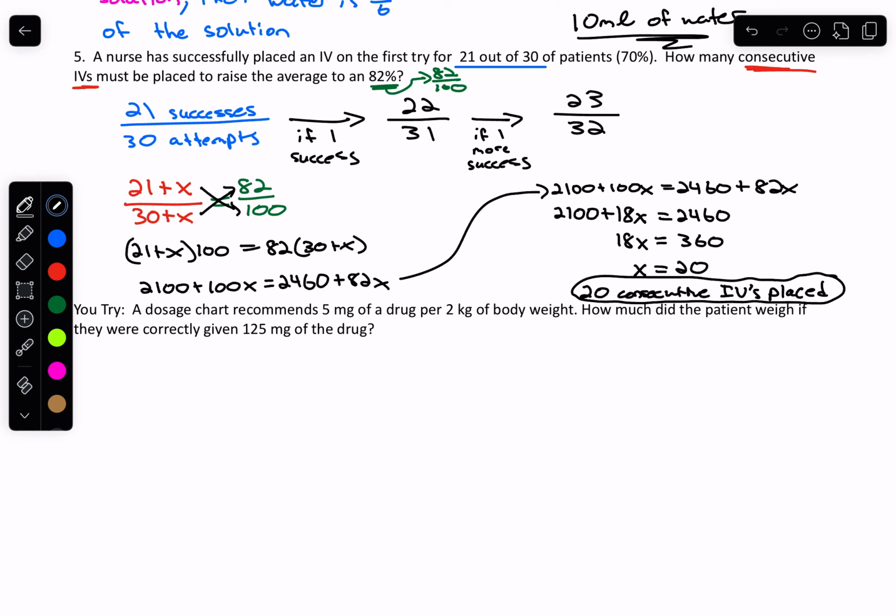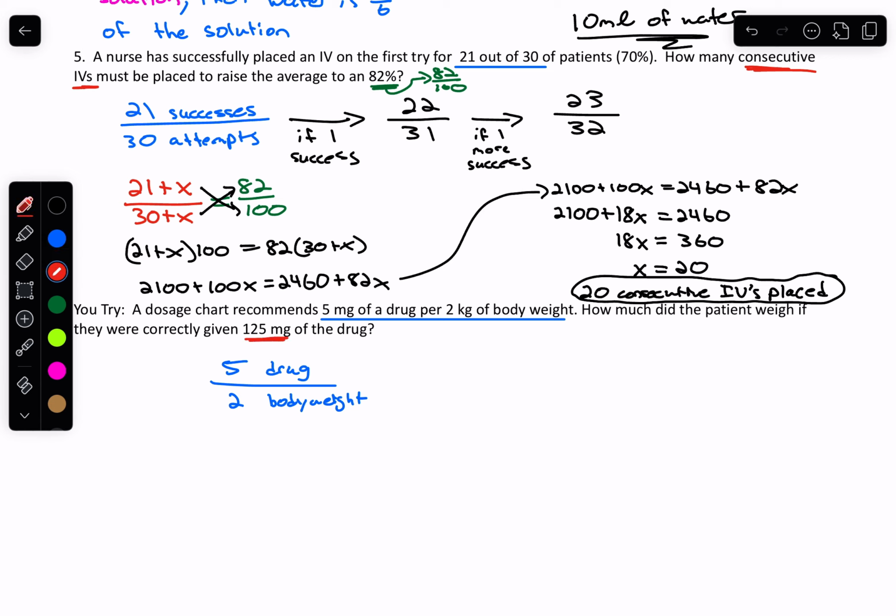So 5 drug over 2 body weight is our ratio there. 5 milligrams of the drug corresponds to 2 kilograms of body weight.